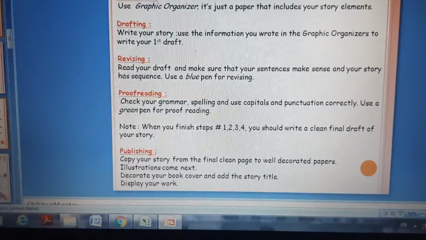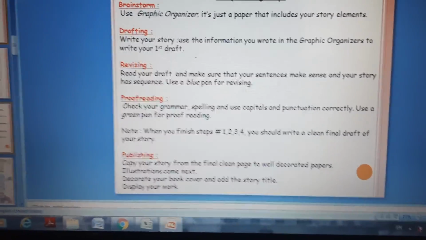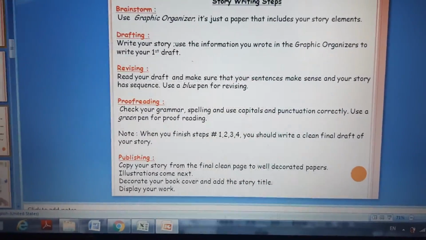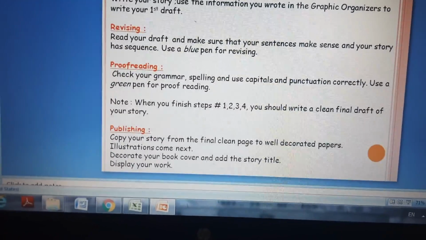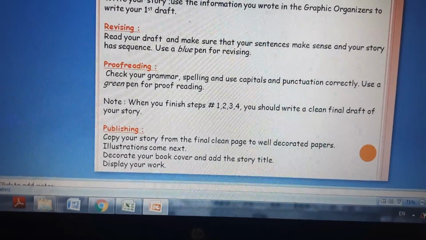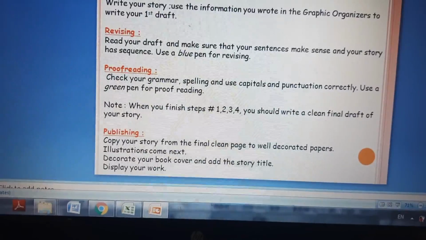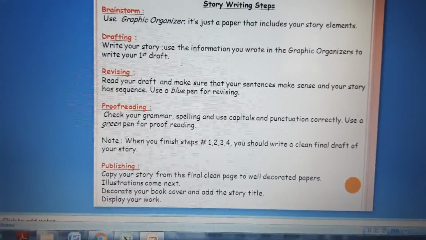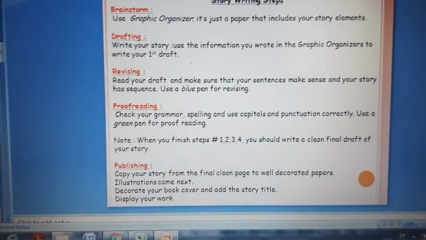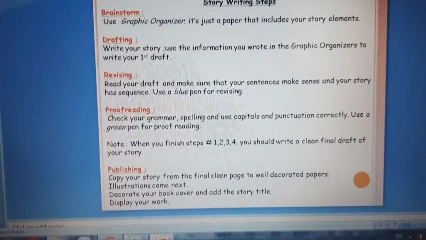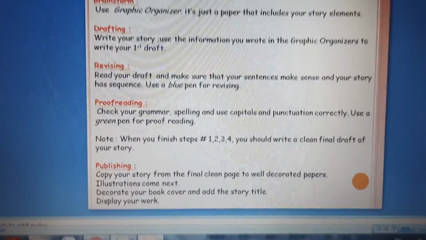When you finish steps 1, 2, 3, and 4, you should write a clean final draft of your story. Copy your story from the final clean page to decorated papers, and decorate your book. And then if you want to write in a book, you should write a title. The title is so important to your story. Keep that in your mind.